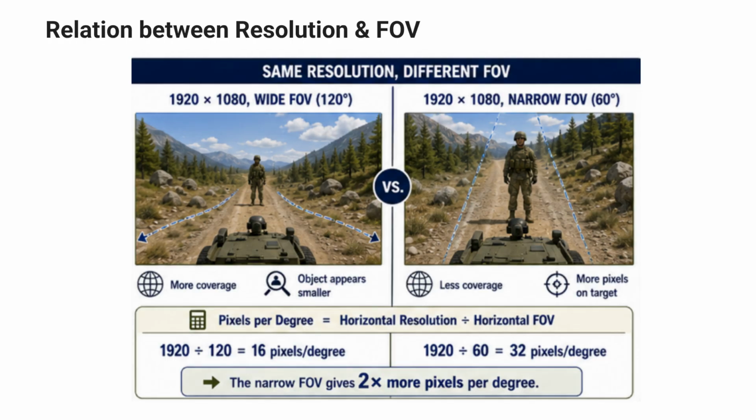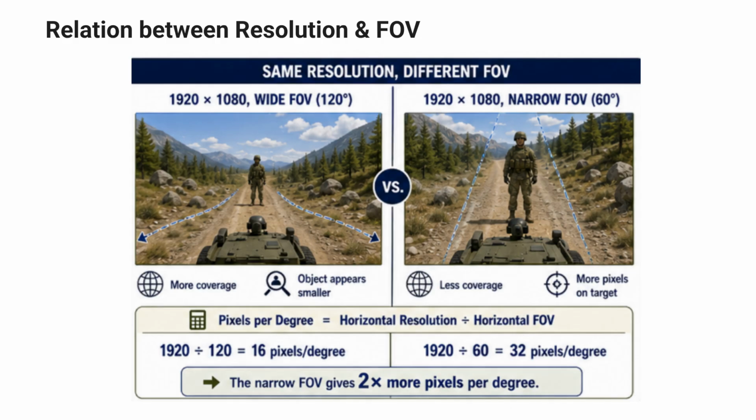This image shows why resolution and field of view must always be considered together. Resolution tells us how many pixels are available, while field of view decides how widely those pixels are spread across the scene. With the same 1080p resolution, a wide 120-degree view captures more surroundings, but the soldier appears smaller and receives fewer pixels.